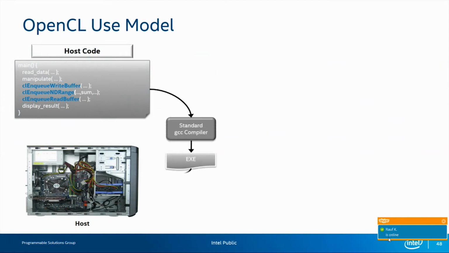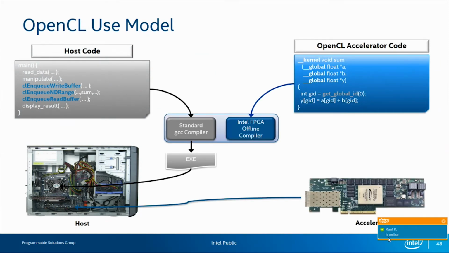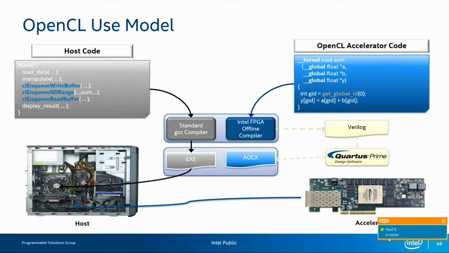So, the OpenCL use model is pretty well known by most of you. Maybe something that you may not have initially recognized is the need for the offline compiler for the kernel. Because the FPGA requires the kernel to be compiled before the host code is run, we have an offline compiler that takes your kernel code and prepares the binary.